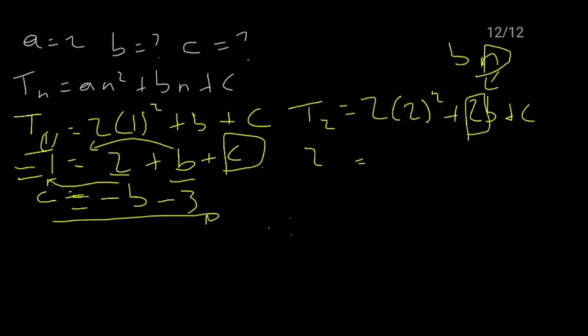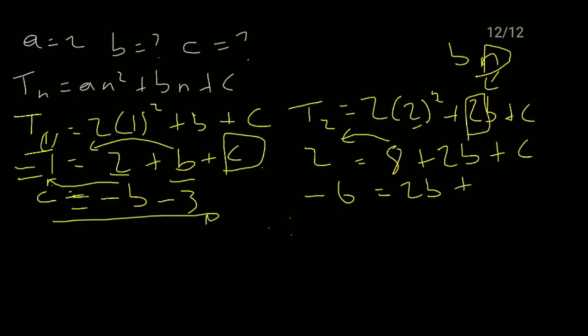Meaning we have 2 equals 2 squared is 4 times 2 is 8 plus 2B plus C, right? Now from now on you can just take the 8 to the other side, meaning you will have -6 equals 2B plus C, right?